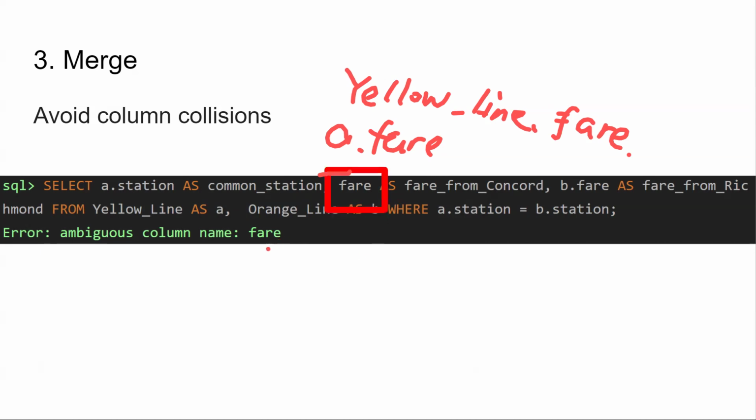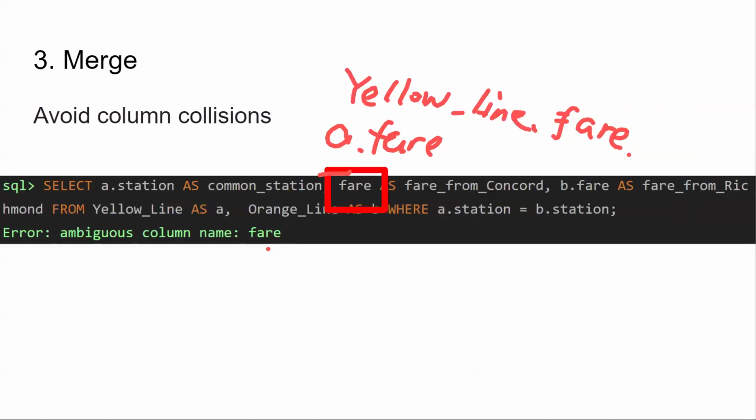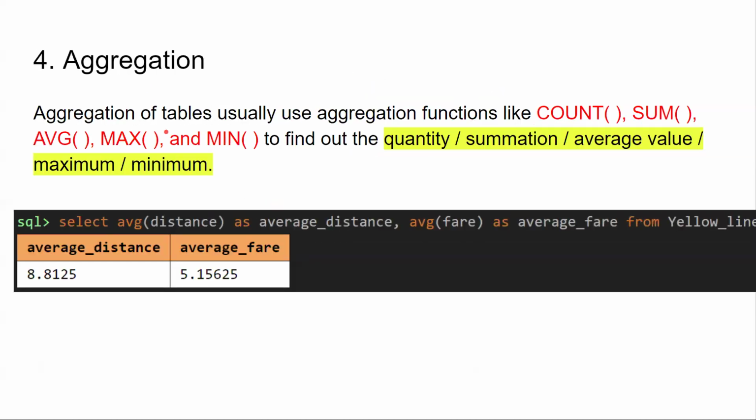Okay, so this is bad. And the next one is aggregation, aggregation of tables. You usually want to do something like count. These are the five basic functions of aggregation.